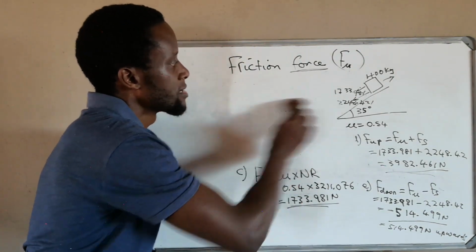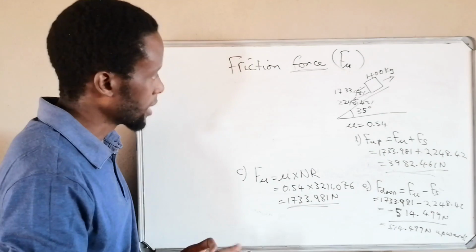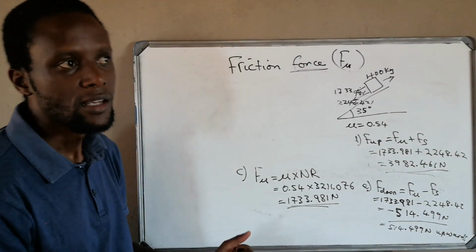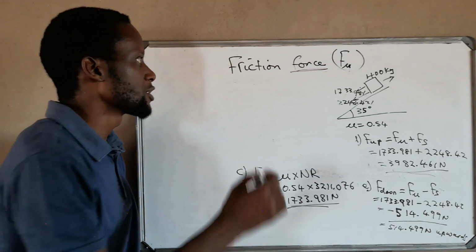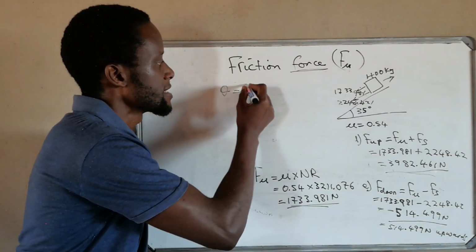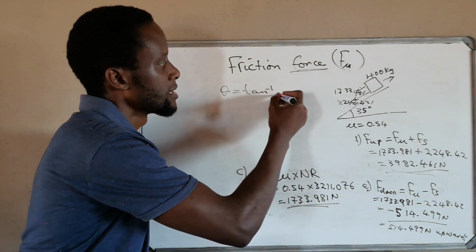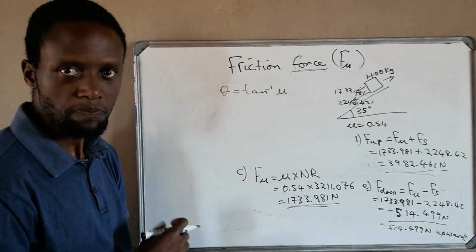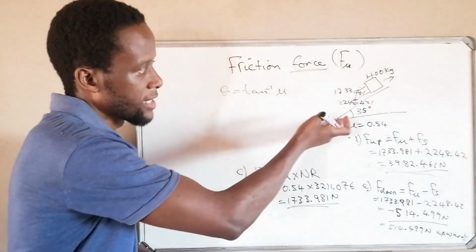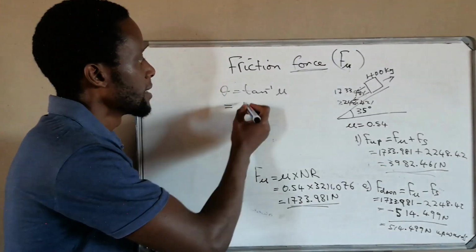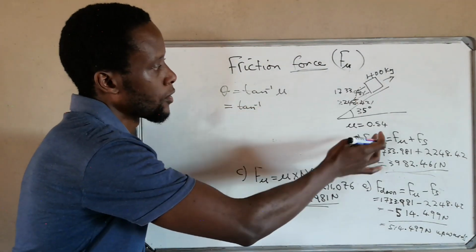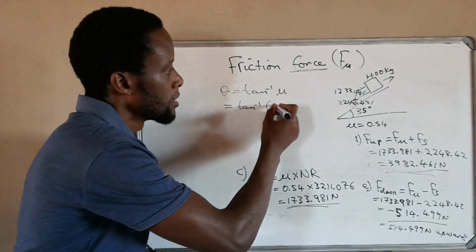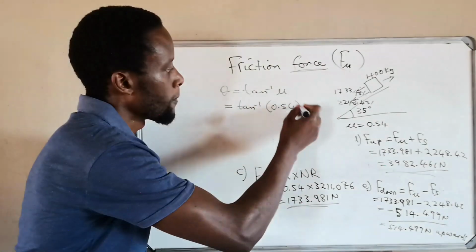Now, angle of rest, we'll calculate it the same way we calculate for the angle of friction. Angle of friction, we said it is tan inverse the coefficient of friction. Same thing with the angle of rest at an incline. What we'll say is tan inverse our coefficient of friction, 0.54.